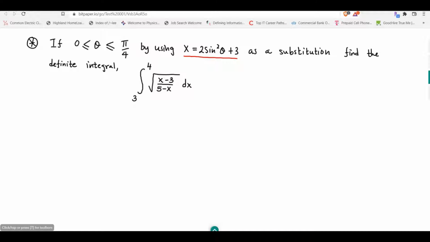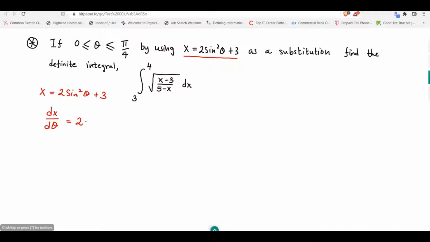So first I'm going to take the derivative of that substitution with respect to theta. So that means dx over d theta. I'll write the substitution over here: x equals 2 sine squared theta plus 3. So dx over d theta would be 2, and then I have to take the derivative of sine squared theta.